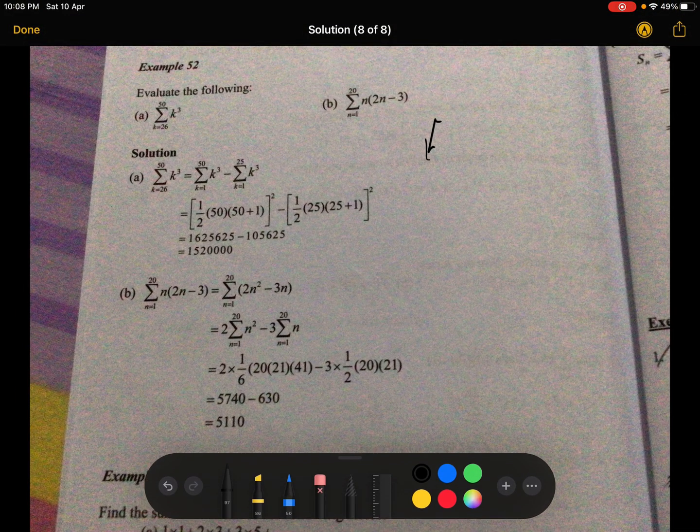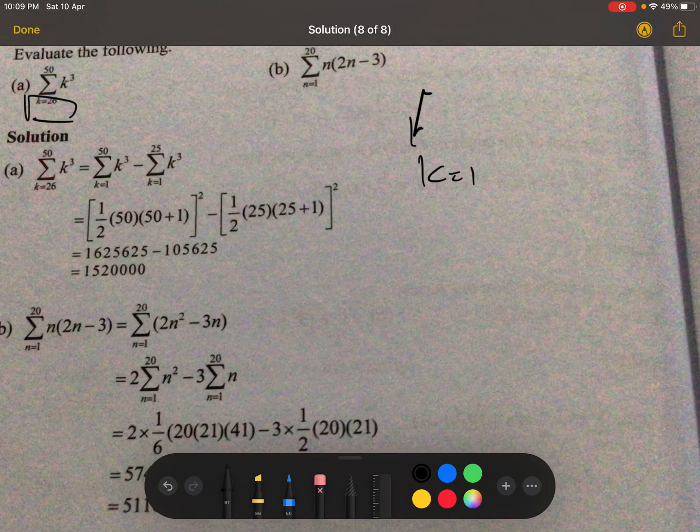Evaluate the following. Remember that you mentioned how k equals 1 in this case? But in this question, k equals 26. So how do we know what the total value is if k starts at 26? What we can do is let k start at 1 and go all the way up to 50.